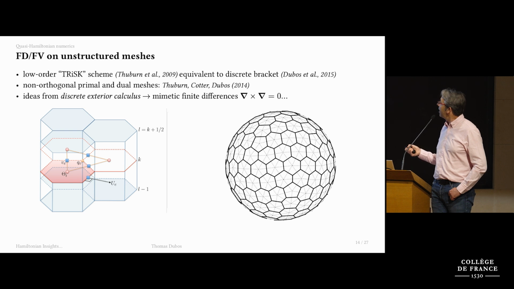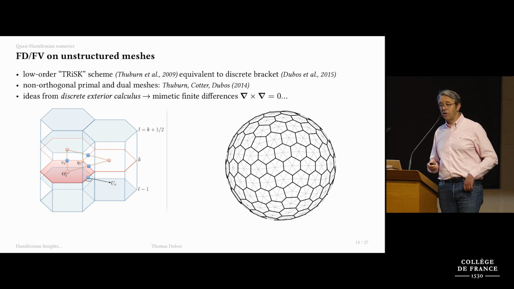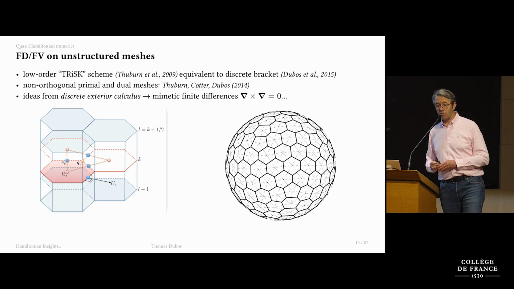And once you've done that, there is a natural discretization for the curl, which is just to add all the three circulations. And then by the circulation theorem, this is a first order approximation of the curl, which by design has the property that the curl of a gradient is 0. So you can add extra ideas to add extra properties to the whole scheme.